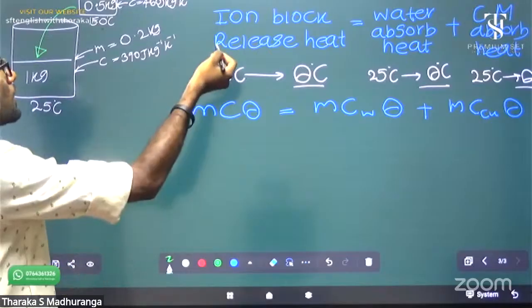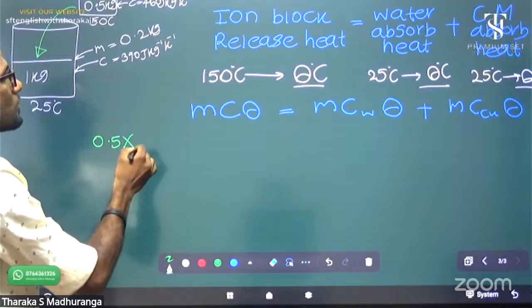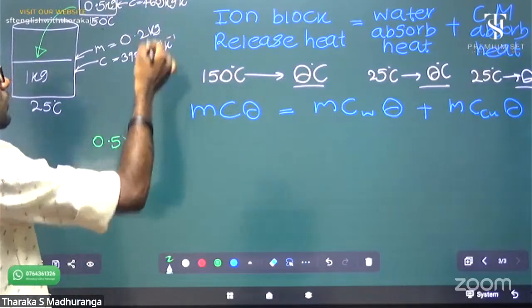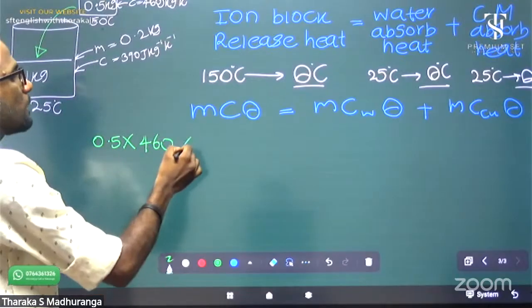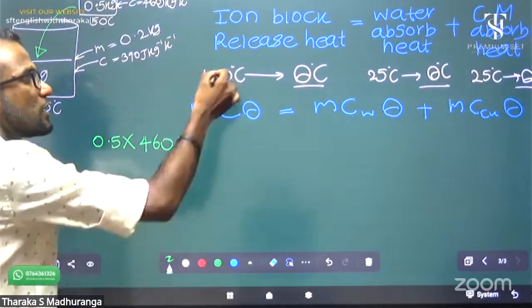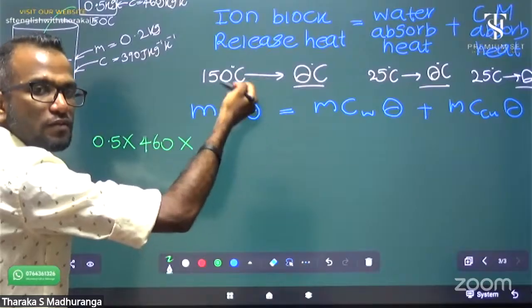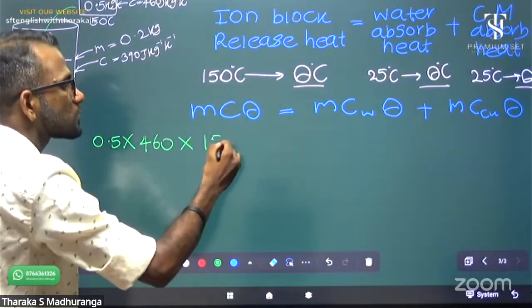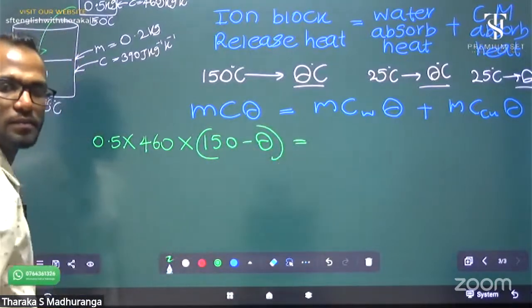Mass of the iron block 0.5 kilogram. Specific heat capacity of iron 460. Temperature difference of the iron block: theta and 150, which is greater? 150. So 150 minus theta.